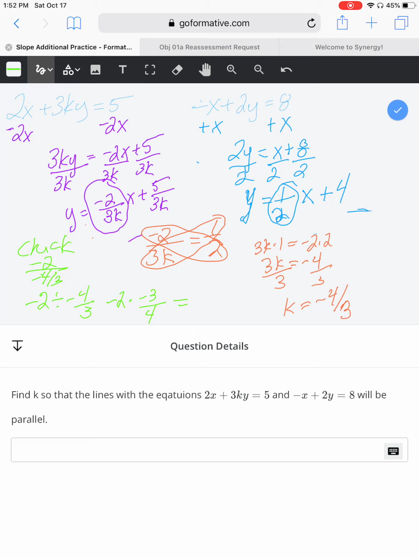Oh, sorry. I didn't mean to mess you guys up. I missed something when I wrote this down. So I did miss the 3. I knew I was doing something wrong. So that's going to be negative 2 over, the 3's would divide out, over negative 4, which is going to be 1/2. So it does work. So k was equal to negative 4/3.